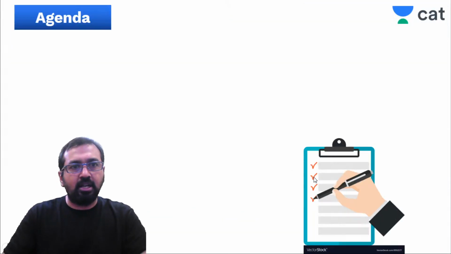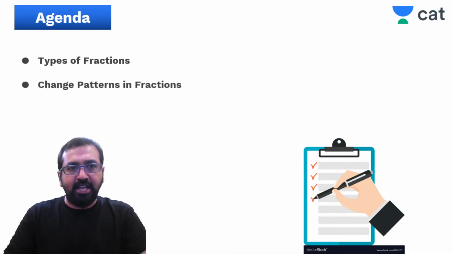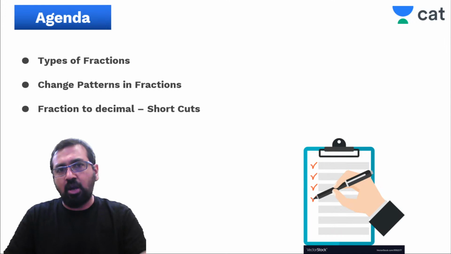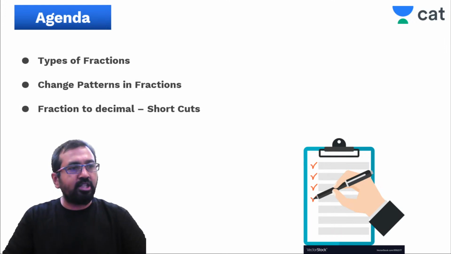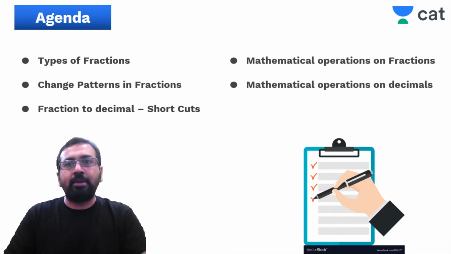So let's begin. Let me quickly brief you about the agenda. We are going to discuss types of fractions, change pattern in the fractions, then fraction to decimal, how to quickly do it, so some shortcuts for that. And we will also discuss mathematical operations on fractions and mathematical operations on decimals.